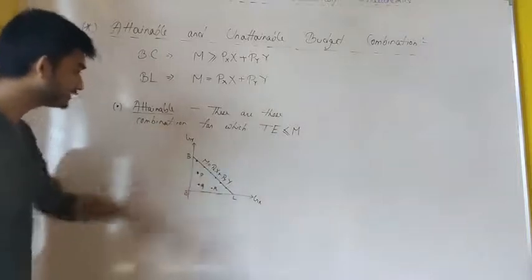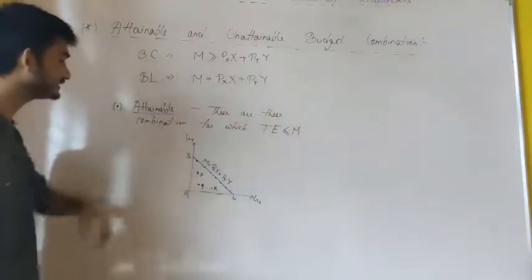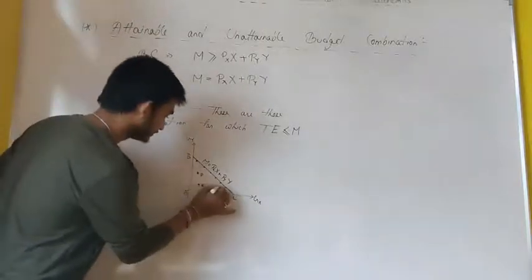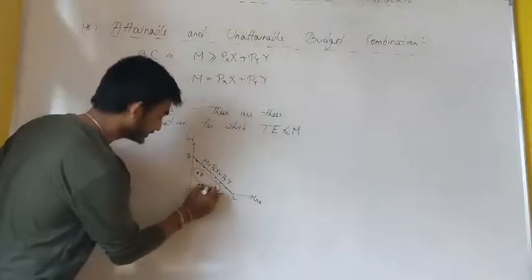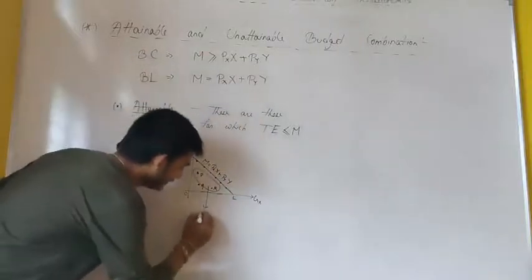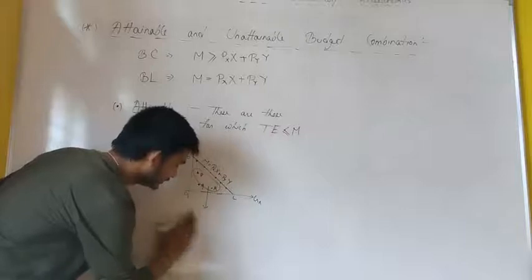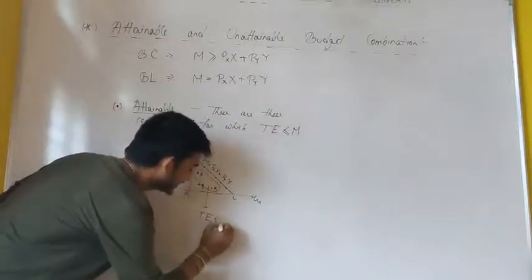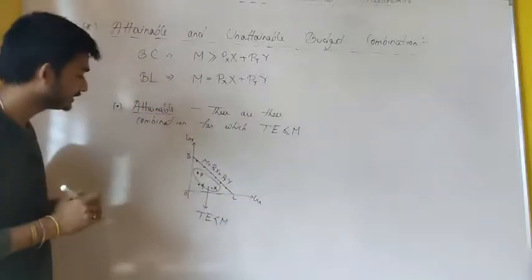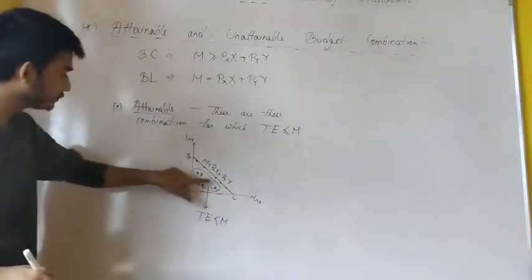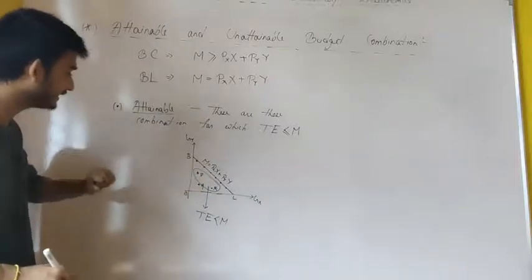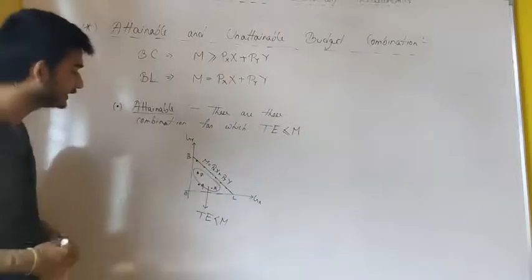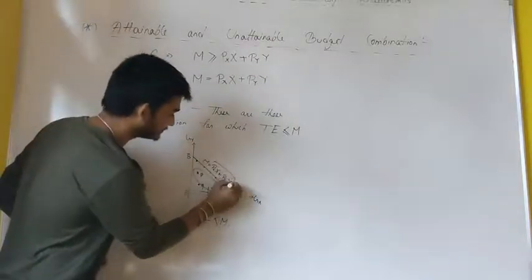Let me state it a different way. For points lying below the budget line, total expenditure is less than my money income, and on the budget line, money income is equal to my total expenditure.